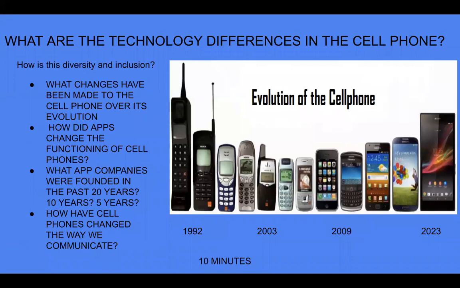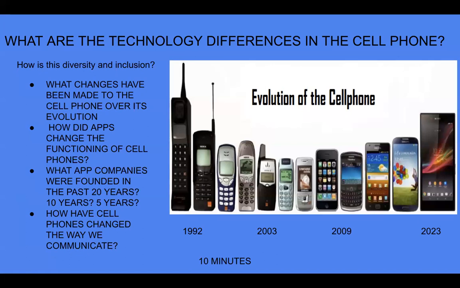Again, in breakout groups for approximately 10 minutes, we're going to ask the question of what are the technology differences in the cell phone over the course of the last 30 years? And how is this diversity and inclusion? What changes have been made to the cell phone over its evolution? How did apps change the functioning of cell phones? What app companies were founded in the past 20 years, 10 years, 5 years?